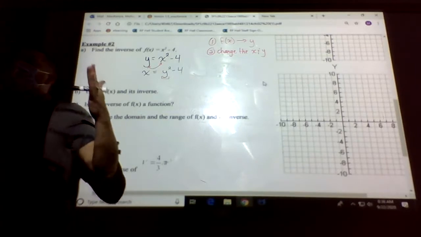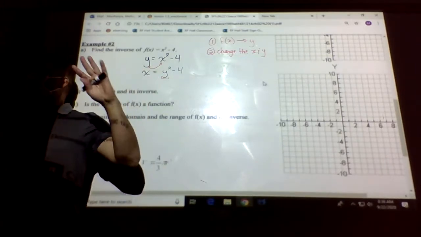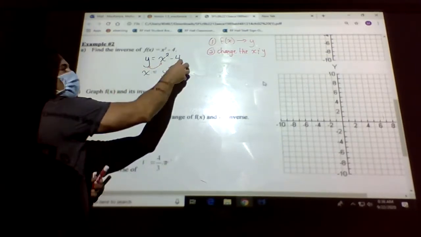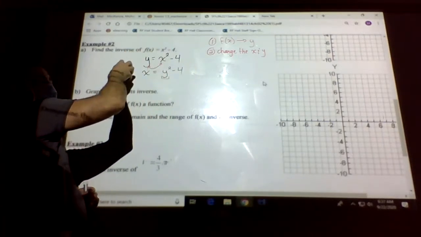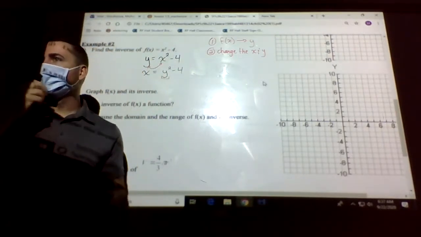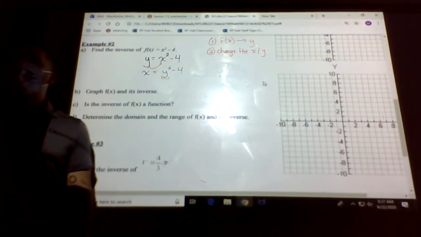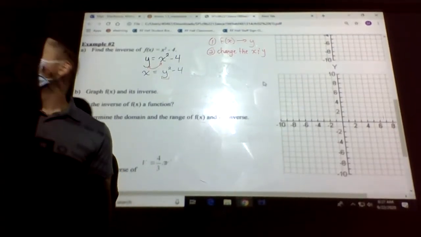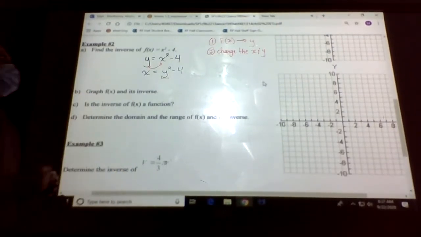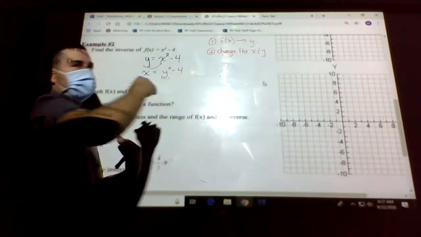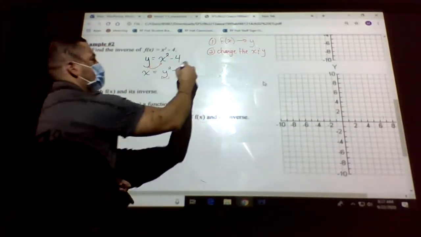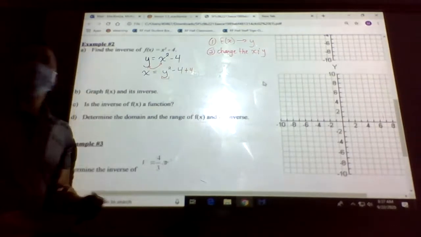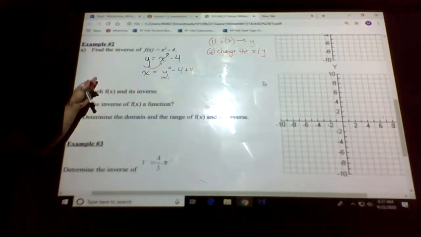Okay, so it's up to you guys which way you've learned or what you're comfortable with. So one is you can bring the -4 over the equal sign and make it a +4. Technically, that's not proper math, but if you do it, that's fine. I'm okay with it. What I do is just whatever you want to cancel out. So you add 4, and whatever you do to one side, you have to do to the other side.